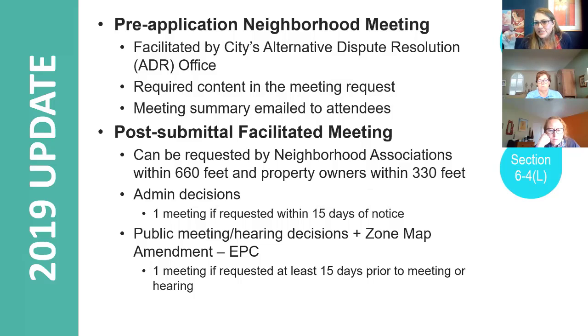If that timing doesn't work out and ADR says, you know what, we don't have someone on that timeline, the applicant can provide their own facilitator, but only when ADR says we can't do it. Okay. And that's only for the publicly advertised plus zone map and EPC. Okay. Right. Thank you.